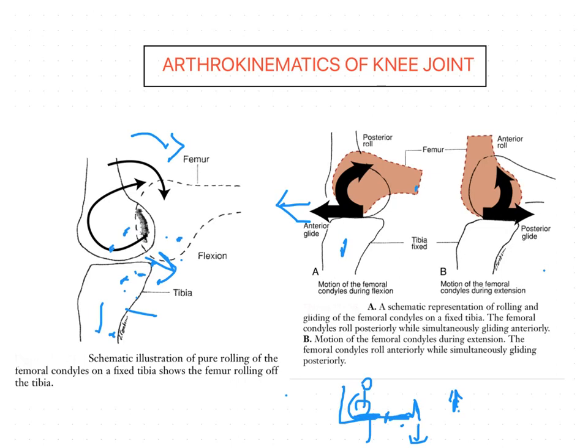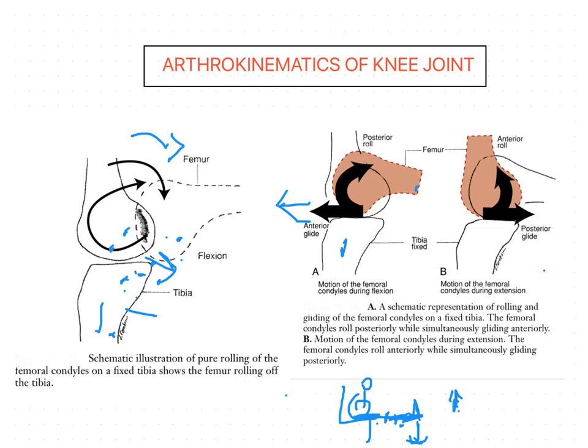Normally we know the concave-convex rule. Here the concave surface is moving on the convex surface, so the movement is in the same direction as the lever. If it is flexed, it has to move posteriorly.